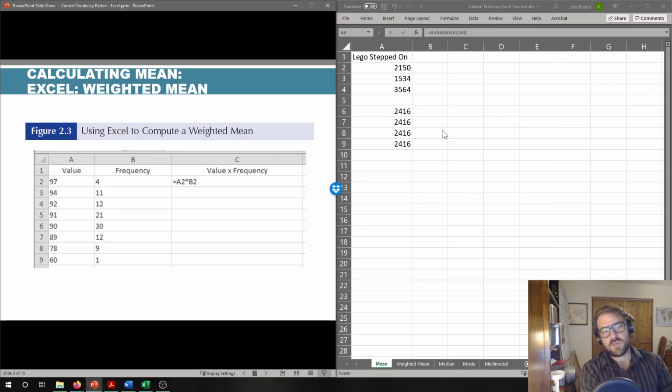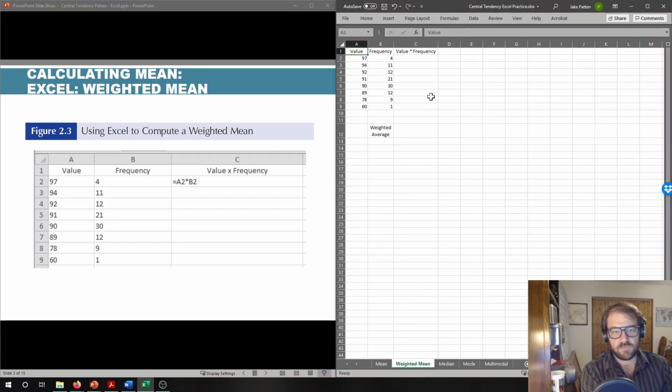Okay, so we can also talk about a weighted mean. We might need a weighted mean when, let's say, we know that there are 4 values of 97, 11 values of 94. Now I could go through and type in 97 4 times. That doesn't seem too hard.